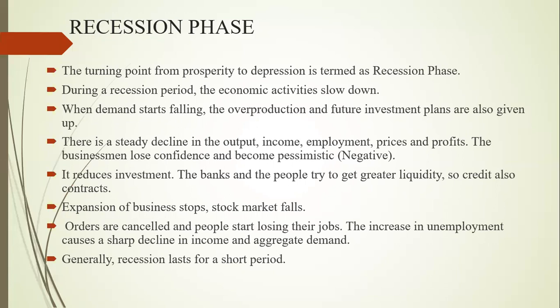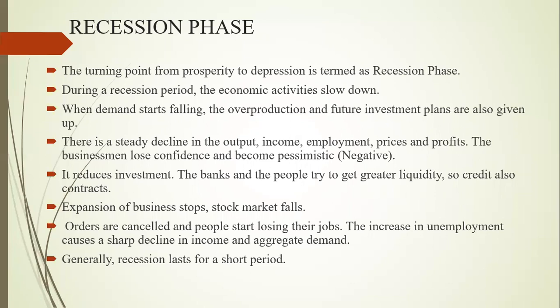Now, what happens in the prosperity phase and why the recession starts, we also need to understand. So first of all, let's see what a recession is, then we will discuss this. During recession periods, economic activities will slow down, and demand will also start falling. Because if economic activities or production are coming down, for less production, fewer people are required.